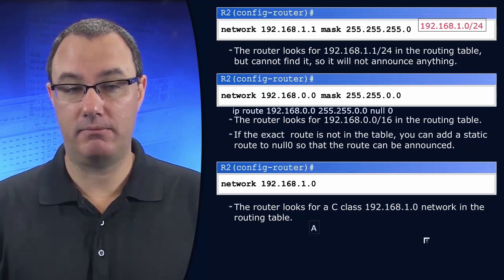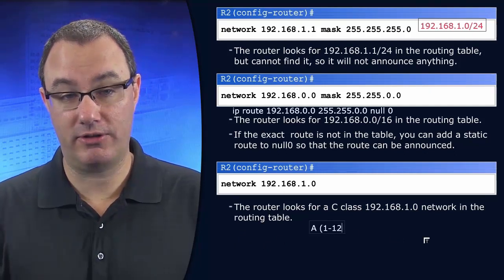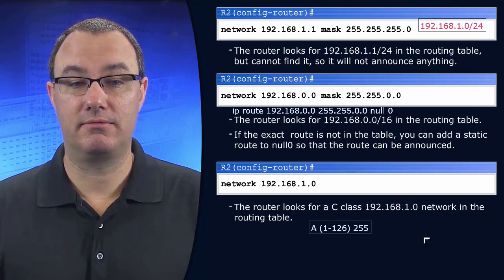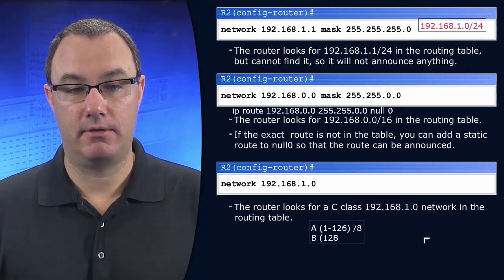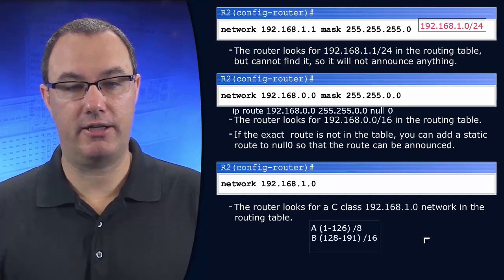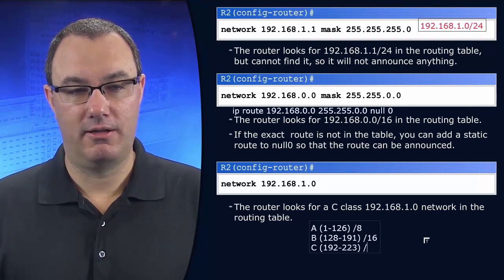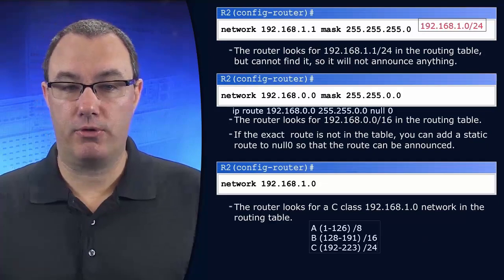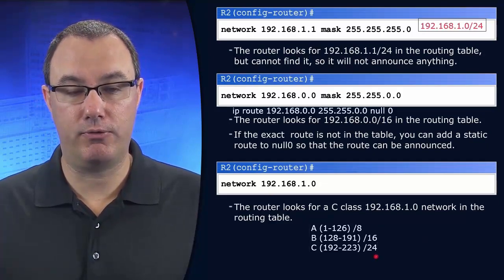If you've put in a class A, where the first octet is 1 through 126, you'll get a /8. Class B, in prefix notation, you get a /16, and class C, 192 through 223, you get a /24. So here, because it happens to be a class C, you get the 24-bit mask.